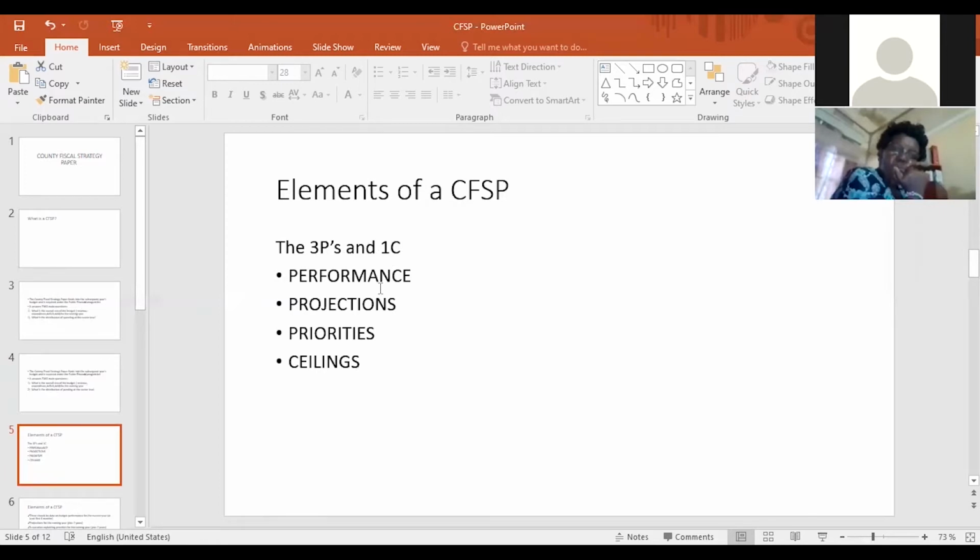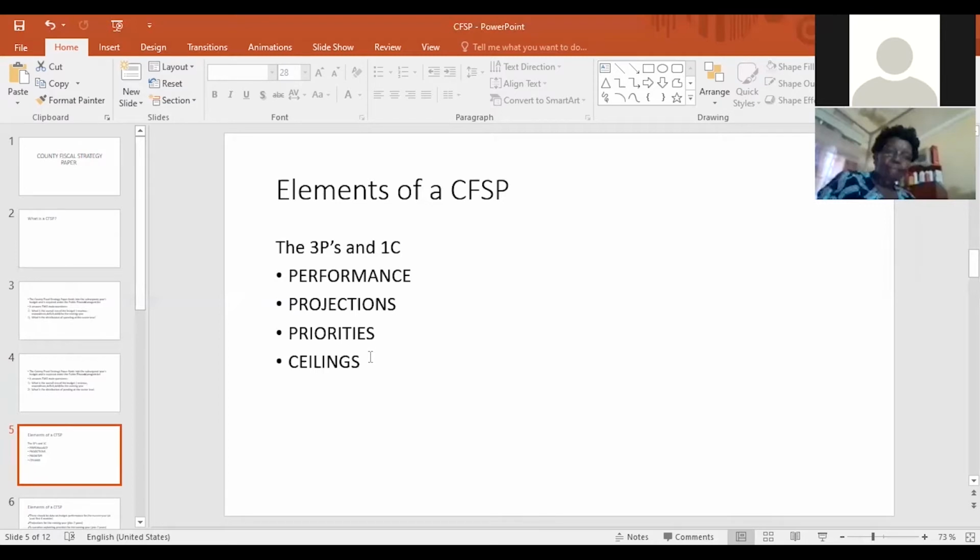And it also gives projections. A county fiscal strategy paper should give projections, even for the next 2 years, of how much money will be allocated for each department.